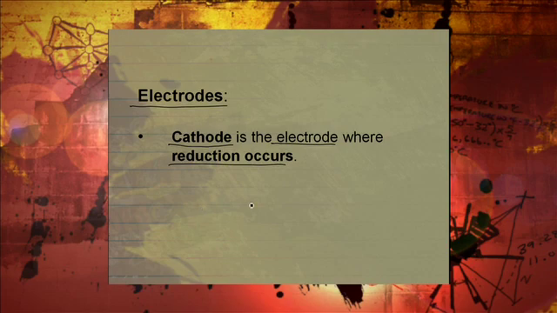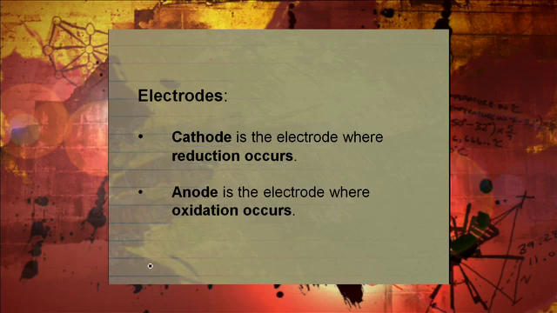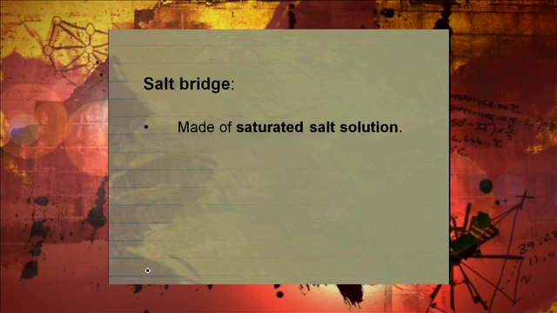Remember, reduction, gaining of electrons. And we would also have the anode. What's the anode? The anode is that electrode where oxidation occurs.